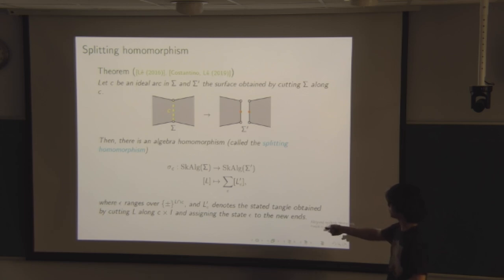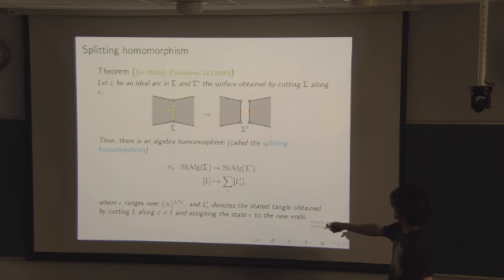in a very natural kind of state sum manner, meaning given any stated tangle in sigma times interval, we cut that tangle along this ideal arc times interval, and we'll create a new tangle in sigma prime times interval.